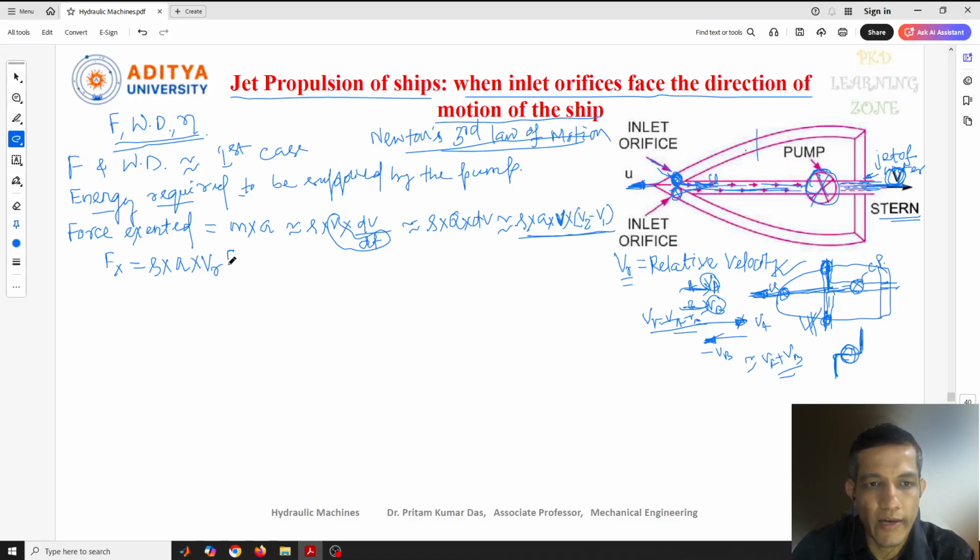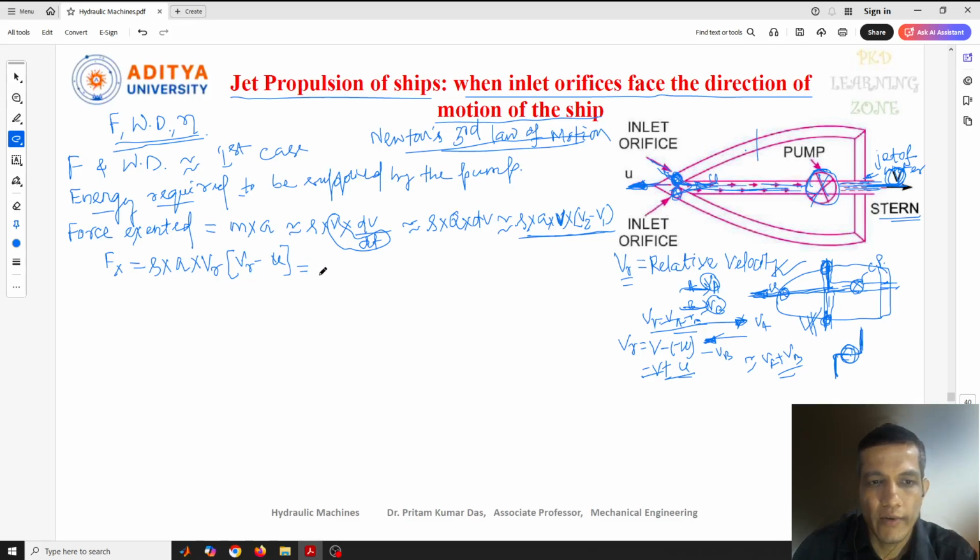So this is VR minus the initial velocity, that is U, which is the velocity of the water coming in here. In place of VR, I can write the final velocity V minus the initial velocity, which is moving in the reverse direction, so minus of U. So we can write this as V plus U, the velocity of the fluid coming out and the ship moving in this direction.